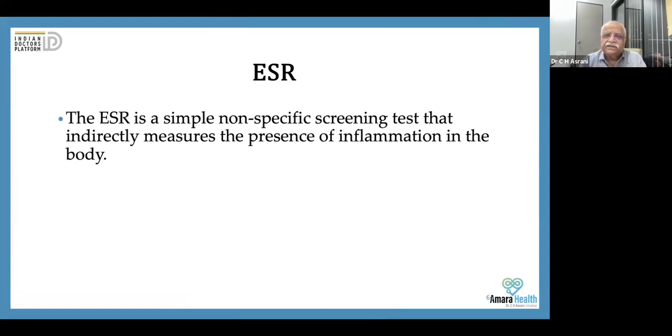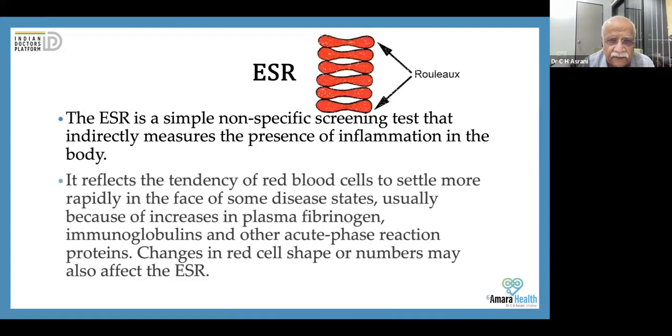The ESR is a simple, non-specific screening test that indirectly measures the presence of inflammation in the blood. Because of the inflammatory substances, these RBCs start getting adherent to each other. They form a rouleau.